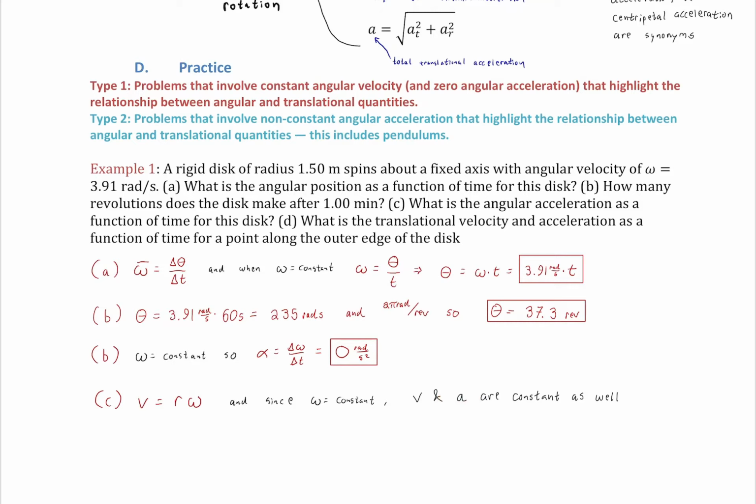And that is really something you want to wrap your mind around. Constant angular velocity does not mean 0 translational acceleration. In fact, it means constant translational acceleration. And the other side of that, which I'll point out in future examples in future lectures, is that constant angular acceleration means non-constant, changing translational acceleration.